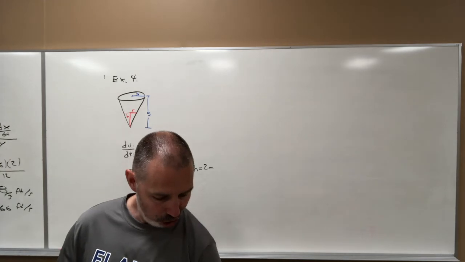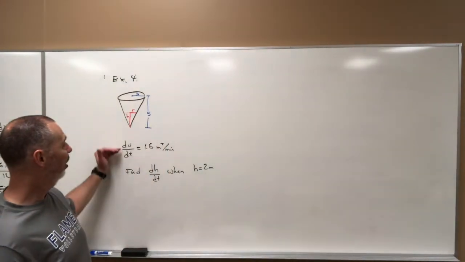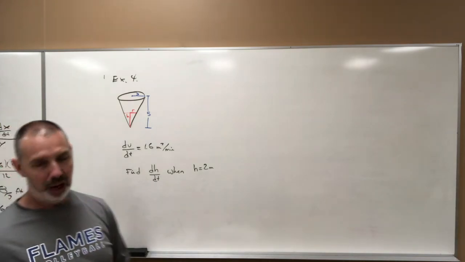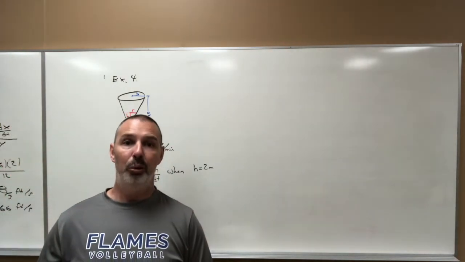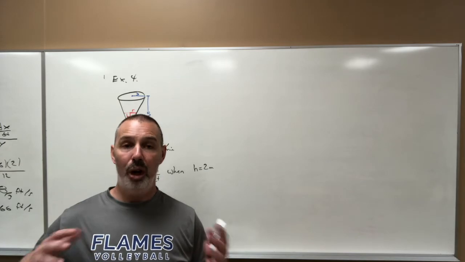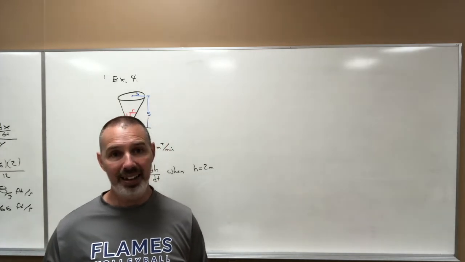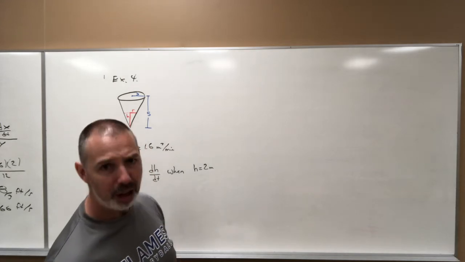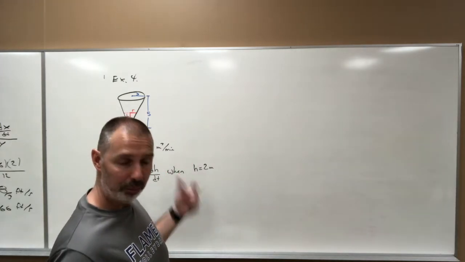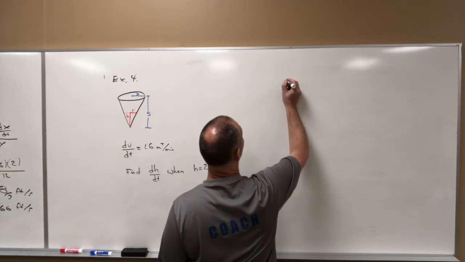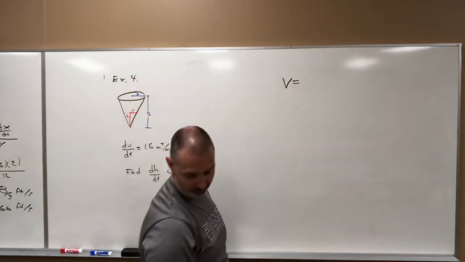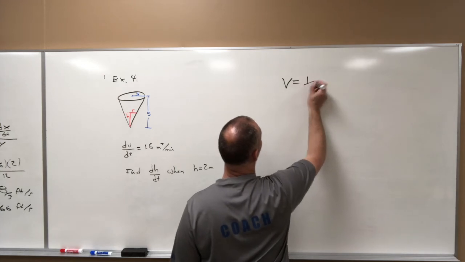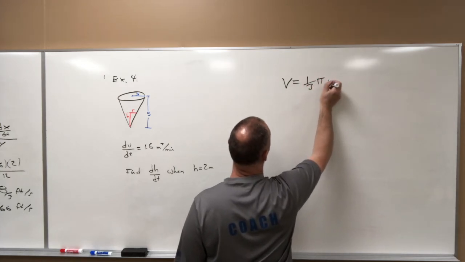All right, so we've got our information, we've written down what we have and what we need to find, and so now we need a formula. Because we need a formula that relates volume to radius and height, what we need to do is find that formula. So the volume of a cone like this is 1/3 pi r squared h.